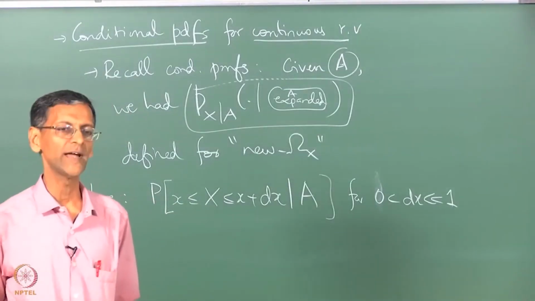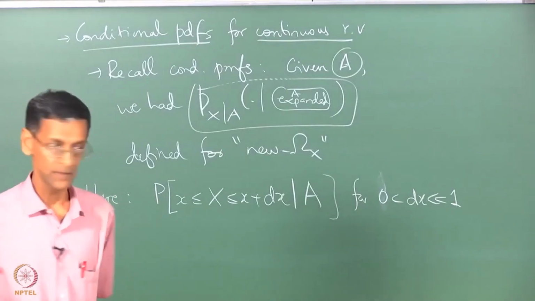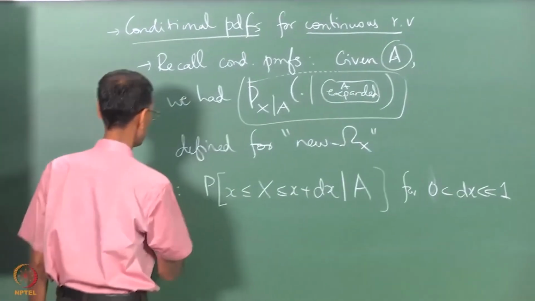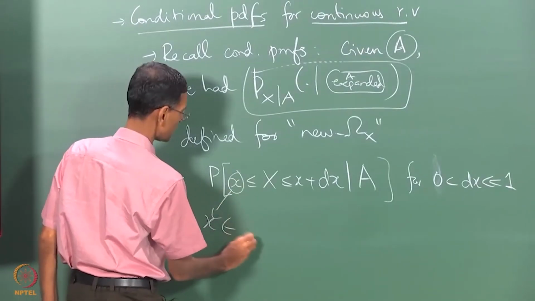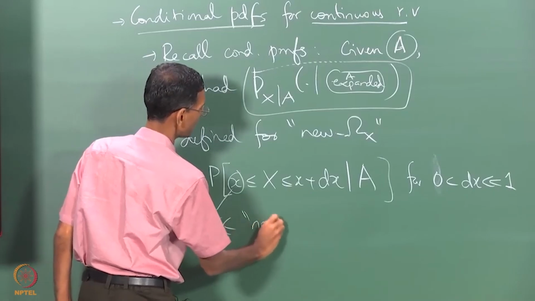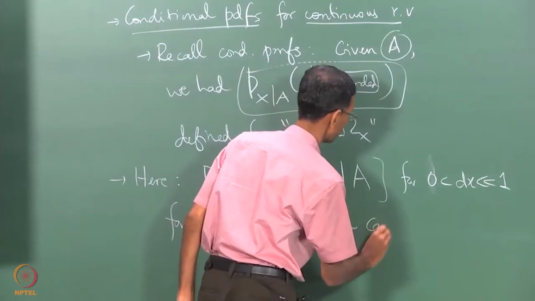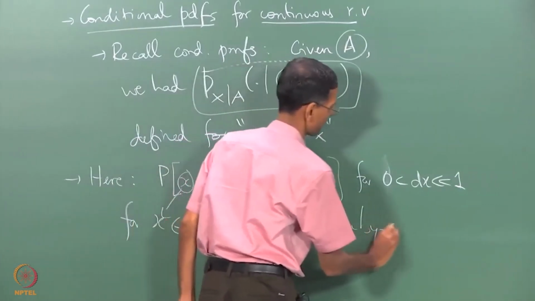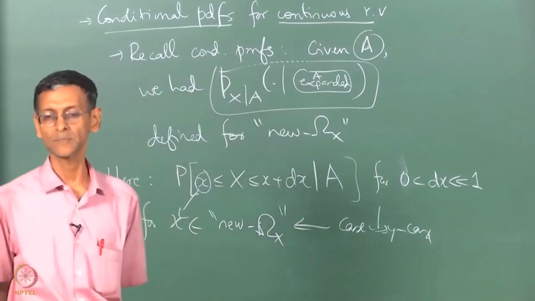In general you have to find it, and there is no magic for doing so, you have to look at it on a case by case basis, right. So for this x element of what I am going to call new omega x, this must be done on a case by case basis, you cannot generalize. Isn't it?